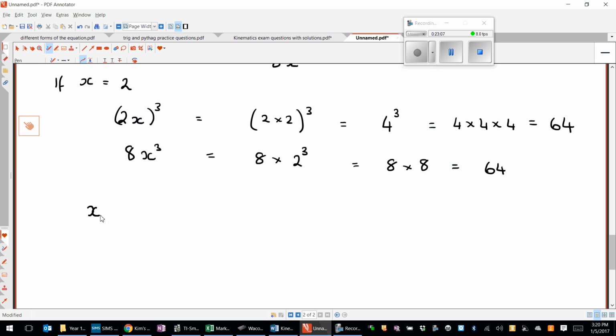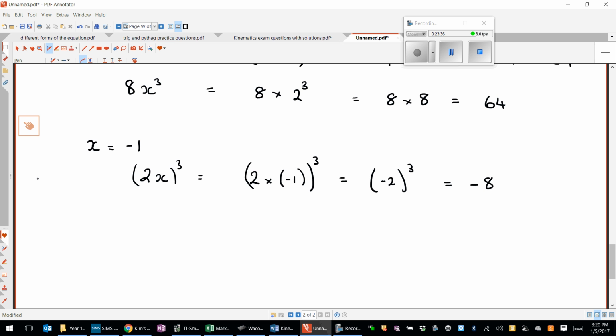x equals negative 1. So 2x cubed would be 2 times, and I use brackets because I've got a negative, negative 1, cubed. So that would be 2 times negative 1 is negative 2. Negative 2 cubed is negative 8. And then what about 8x cubed?